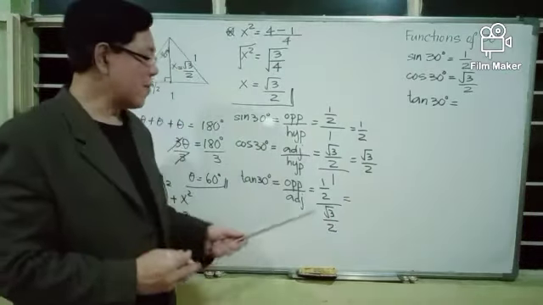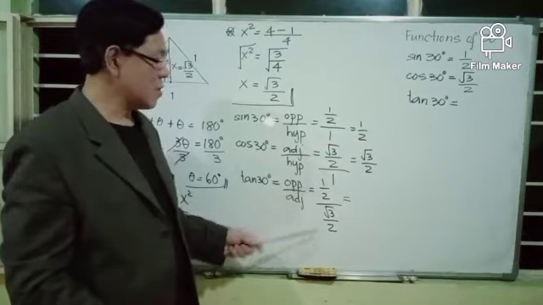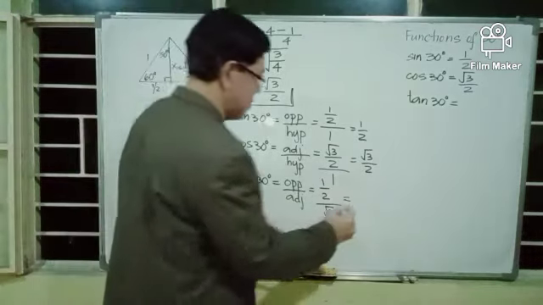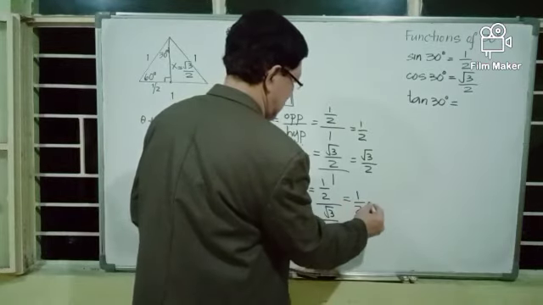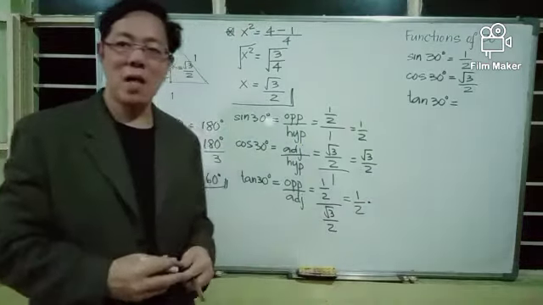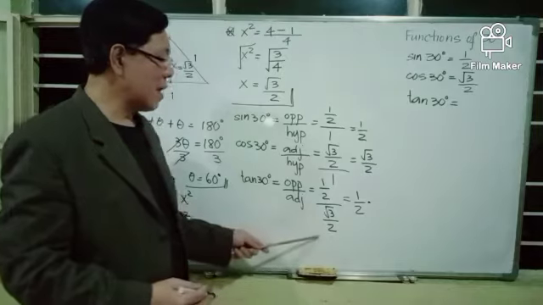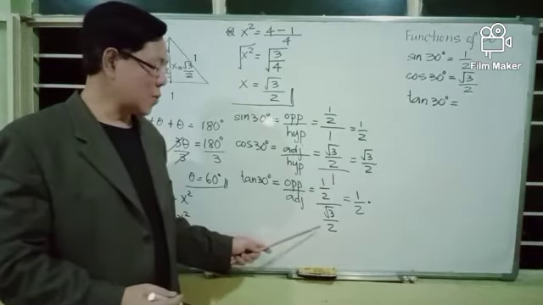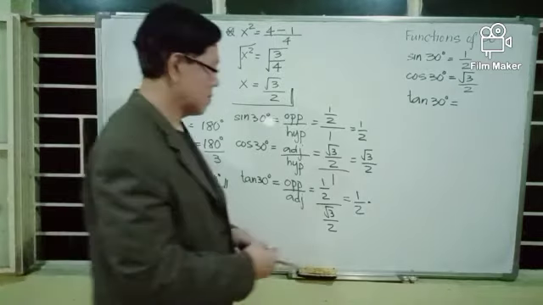We simplify this complex fraction by multiplying the numerator 1/2 by the reciprocal of the denominator, square root of 3 over 2. Its reciprocal is 2 over square root of 3.